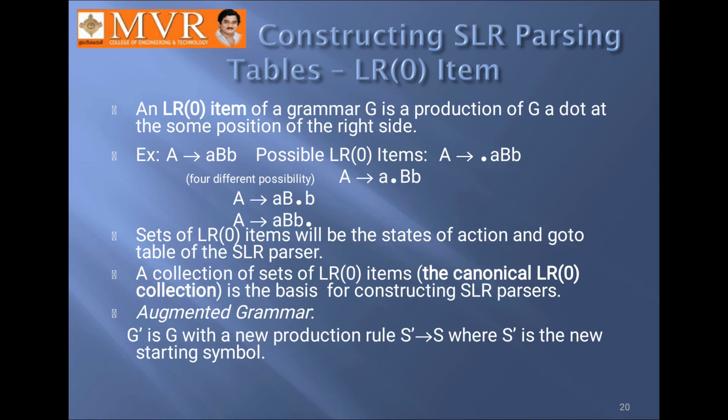The value of action[i, a] can have one of four forms: shift j, where j is a state; reduce by grammar production A to b; accept; and error. The goto function takes a state and a grammar symbol as arguments and produces a state. Goto also maps the state i and non-terminal A to state j.